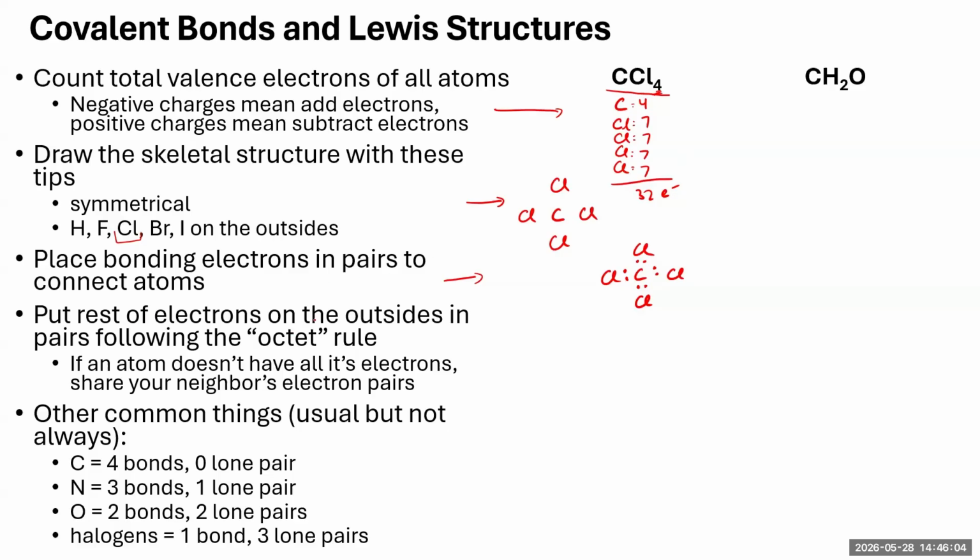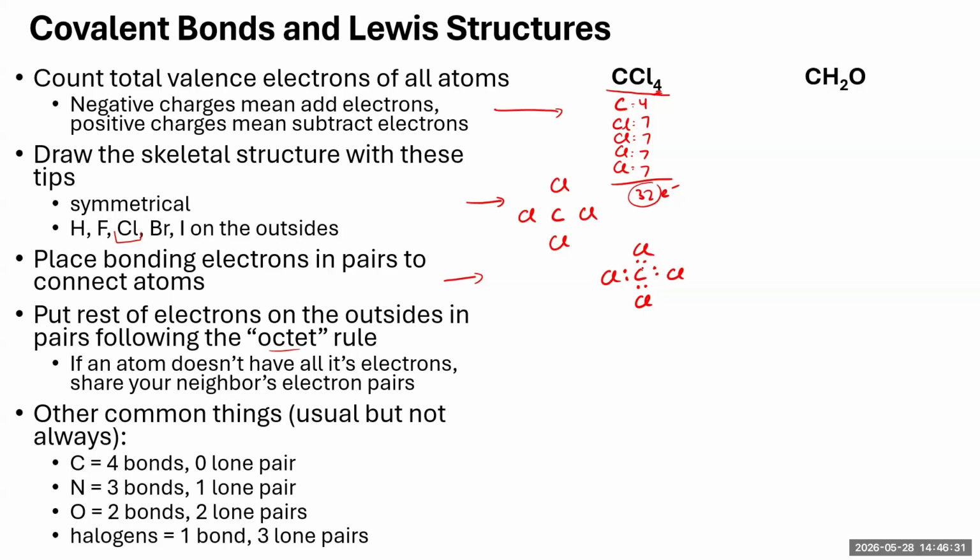Put the rest of the electrons on the outsides in pairs following the octet rule. Octet rule means an atom can hold 8 electrons. So we started with 32. We used up 8 electrons, right? So we have 24 left. I'm just going to start throwing them on. Doesn't matter where. You just distribute them evenly around every outside atom.